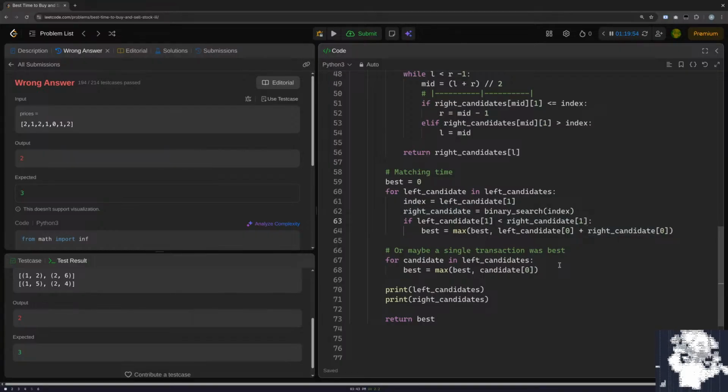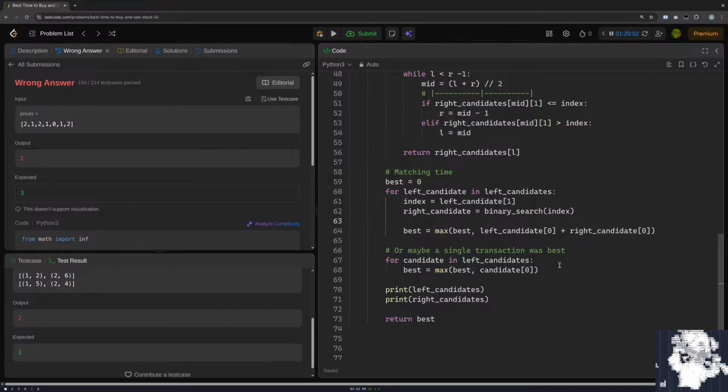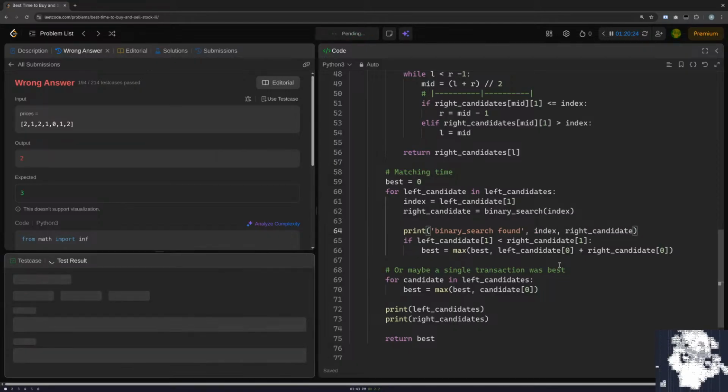Technically I shouldn't need this if, because that's what I should be getting from my binary search. Although there may not be an answer, so maybe I do need the if. Okay, so what am I getting from the binary search? Print binary search found. And then for index, it found right candidate.